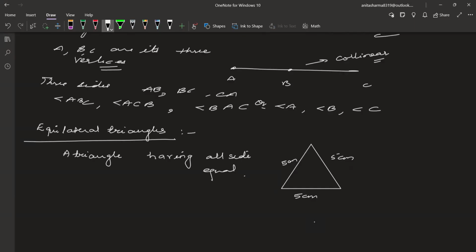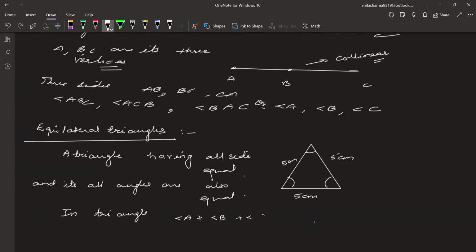And beta, one more thing, if all sides are equal, it means all its angles should be equal, right? And we know that in a triangle, the sum of all angles is 180 degrees.